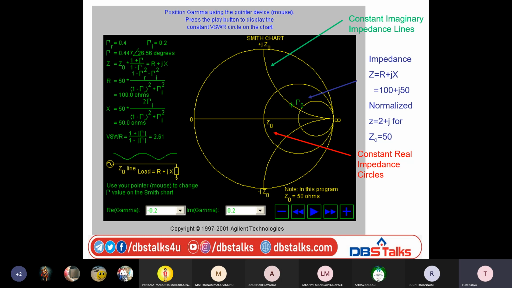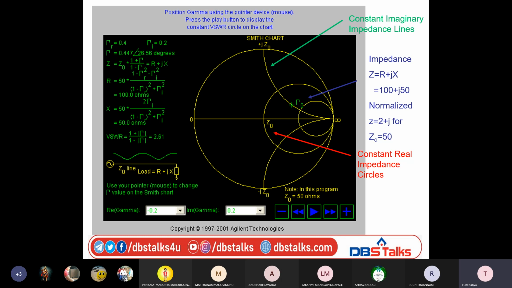Here the formula is Z naught equals 1 plus tau divided by 1 minus tau. Tau is already given, we can substitute tau values there, we will get the Z naught value. But without doing all these things, we can get these values through the Smith chart.